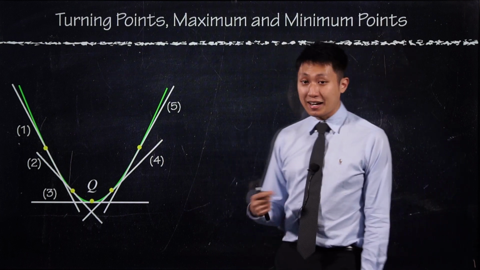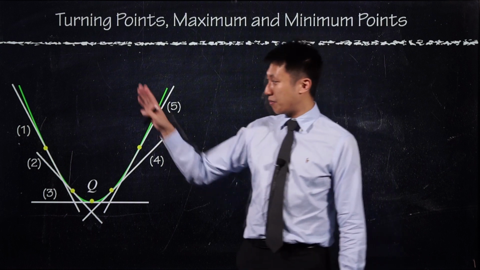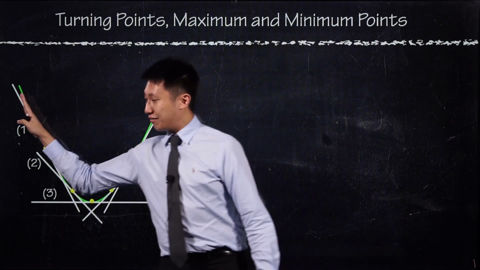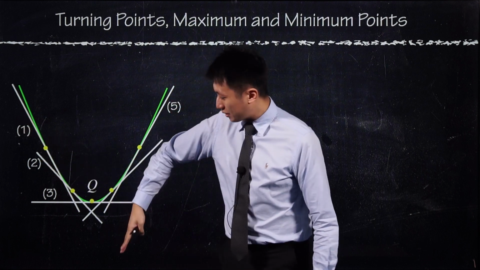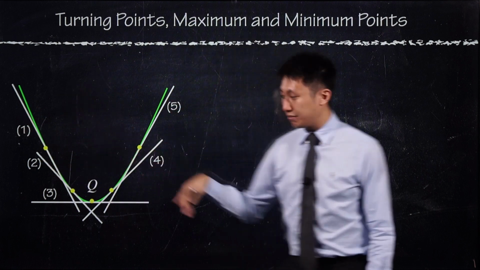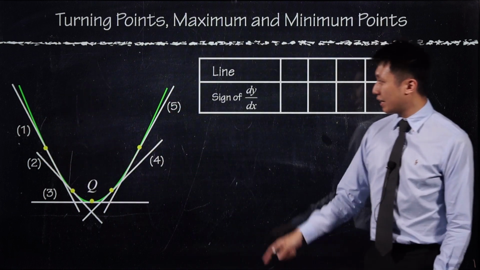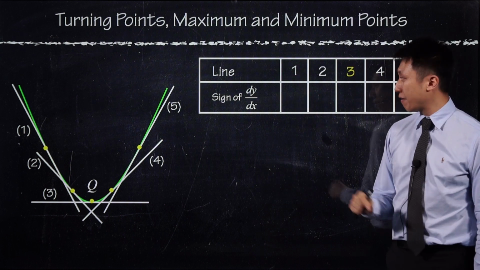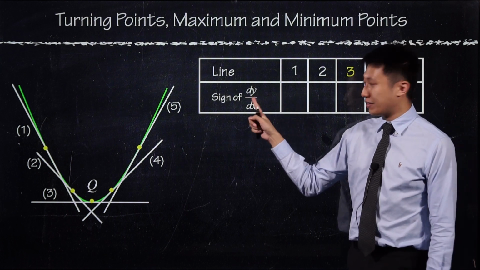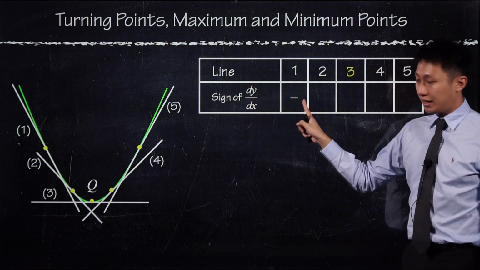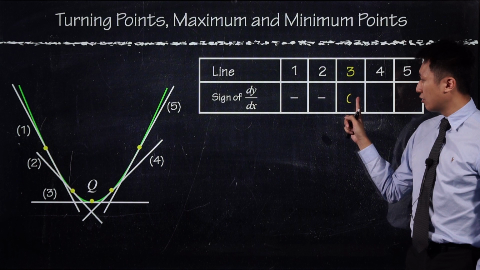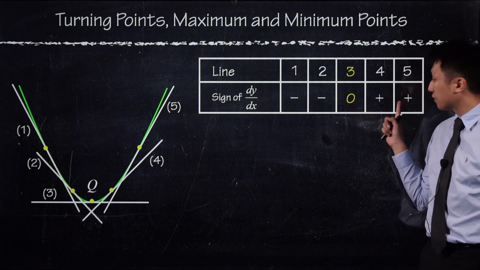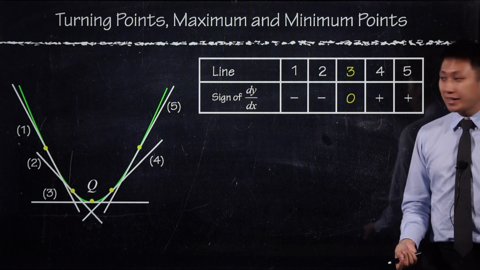It's from negative to positive at the point Q. Let's see, lines 1, 2, 3, 4, 5: the sign of dy/dx is negative, 0, positive, and positive. I guess you're good at this one already.